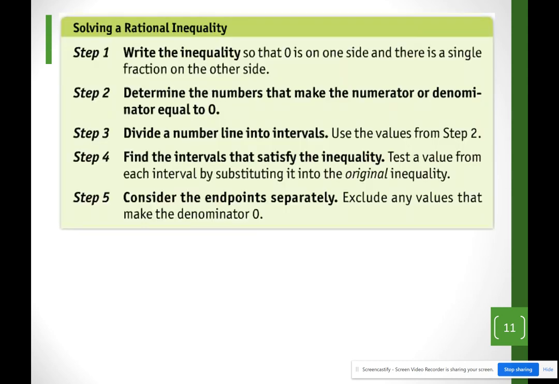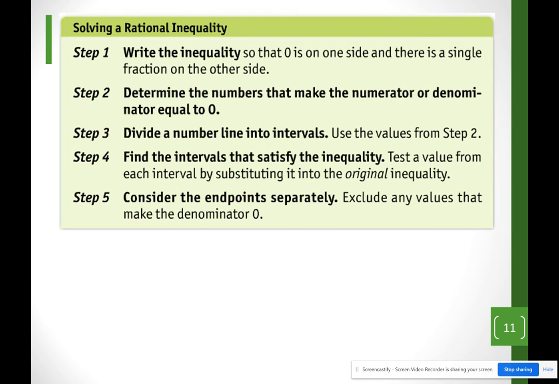All right, so first write the inequality so that 0 is on one side and there's a single fraction on the other side. We're going to be dealing with rational inequality, so we're going to be dealing with fractions now. Determine the numbers that make the top and the bottom of your fraction equal to 0. Divide a number line into intervals.